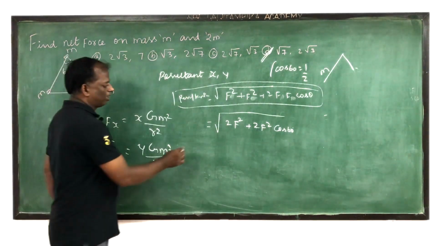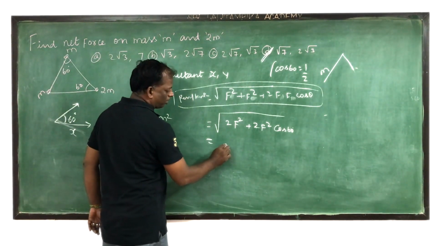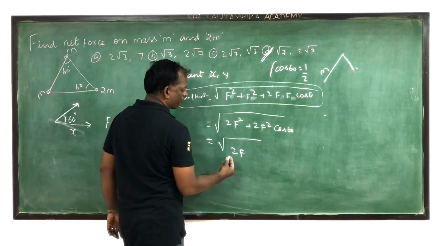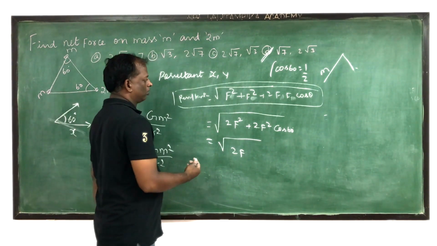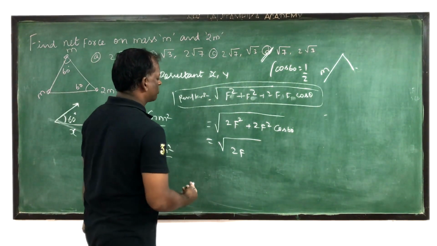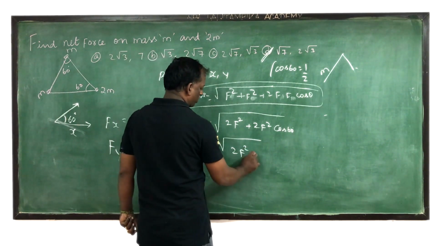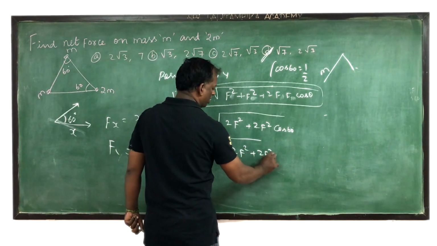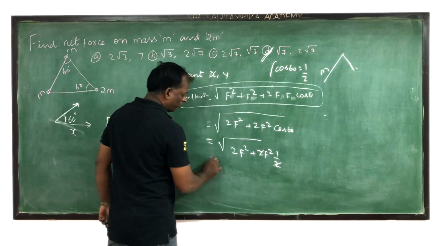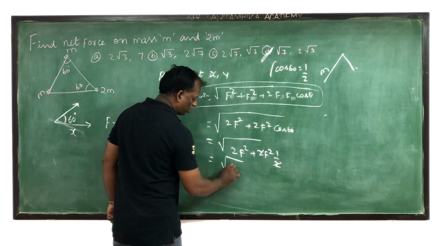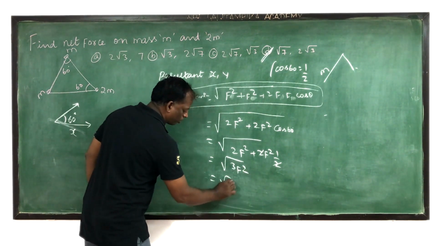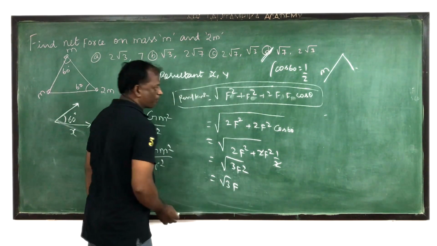So in the problem la namakku substitute pannalam root 2. So F into F, it will be 2F square. So 2F square plus 2F square cos 60, 1 by 2. So F cancel ஆயிடுது, which is equal to root 3F square, or we can write it as root 3 F.